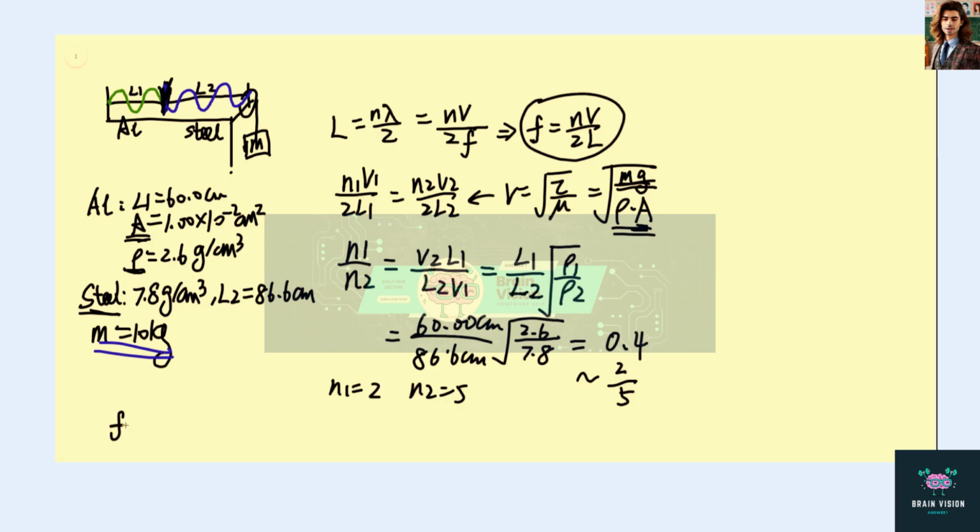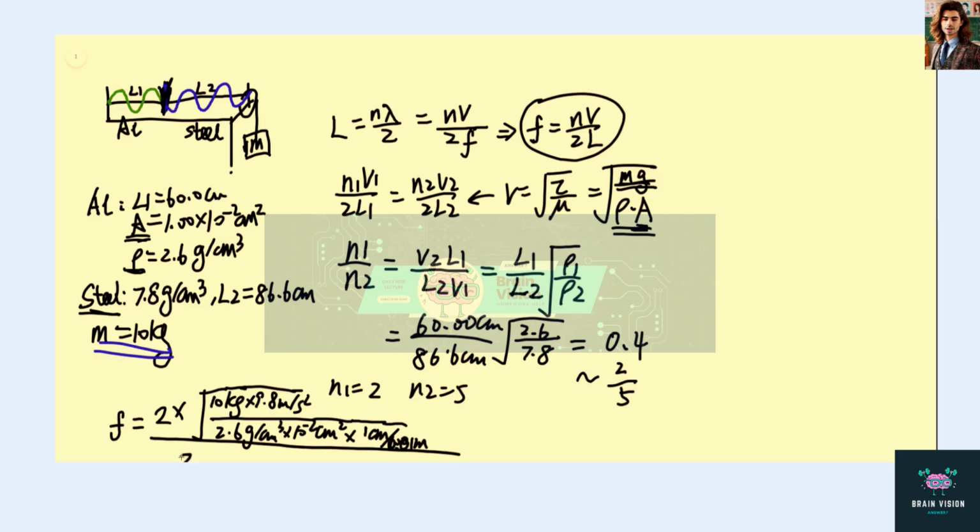So frequency equals 2 times the square root of mg over rho A, where mg is 10 kilograms times 9.8 meters per second squared. Rho is 2.6 grams per cubic centimeter, and the area is times 10 to the negative 2 centimeters, and this is in centimeters, so I also have to convert it to meters: 1 centimeter is 0.01 meter.